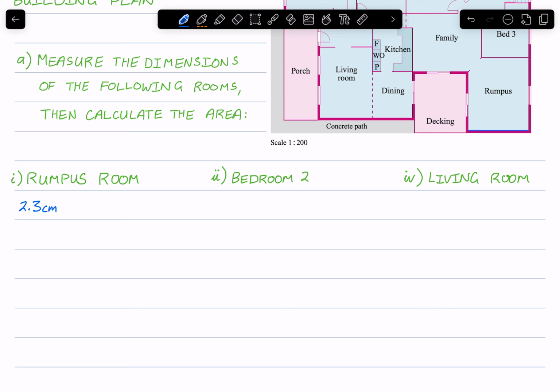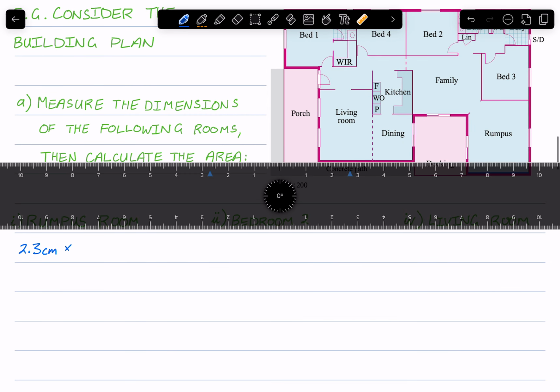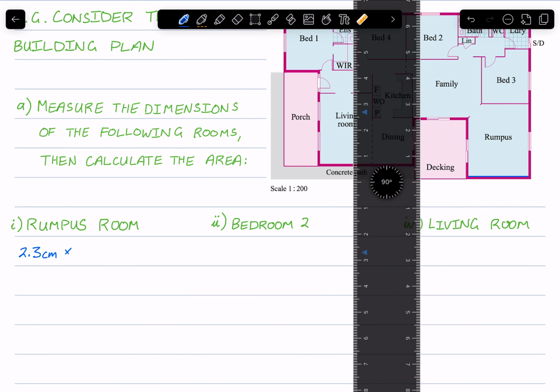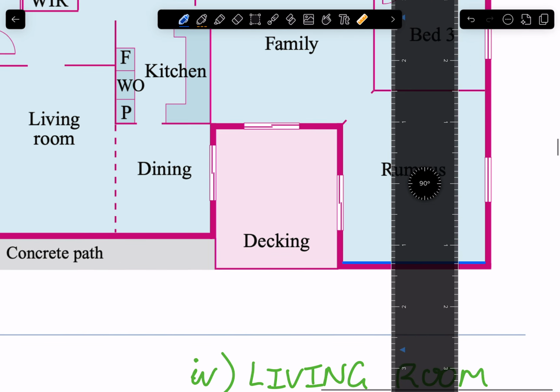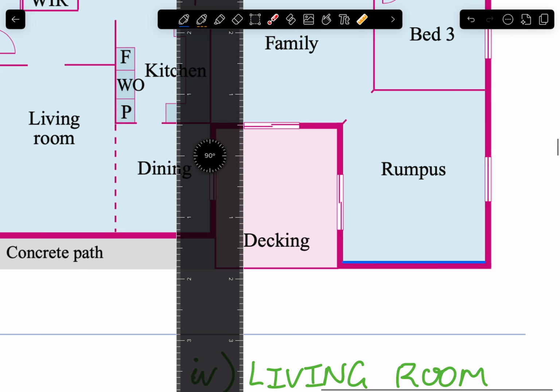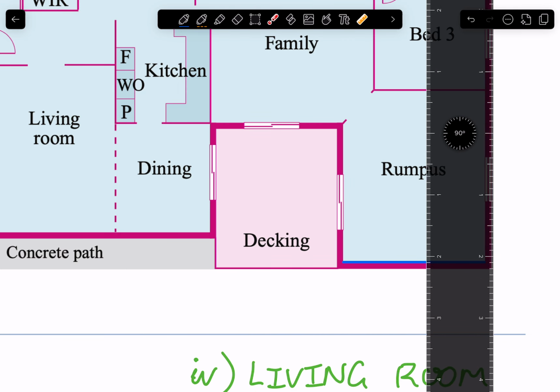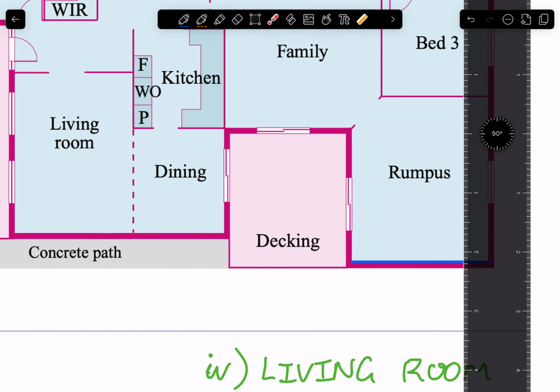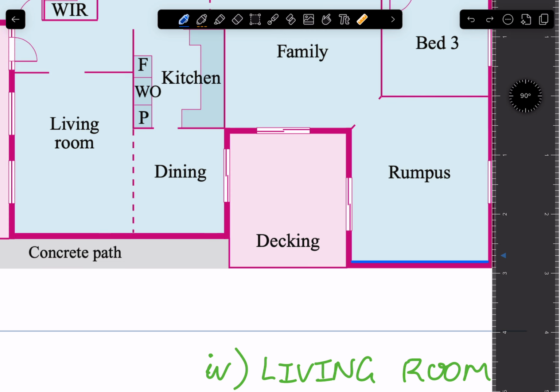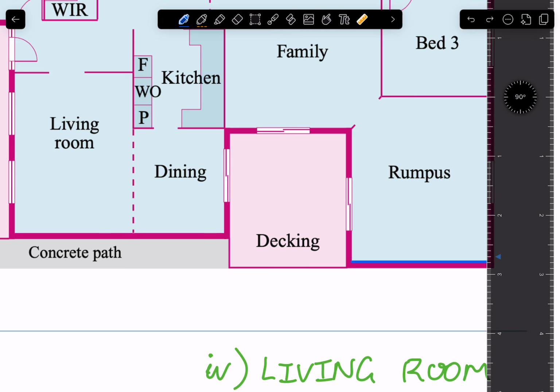So we know the rumpus room is 2.3 centimeters by, let's rotate this. I'm just going to assume that this is a perfect square. I'm not going to count this part here. So for this, let's measure it. My 0 is here. So bring that 0, and it's going to be the inside of the room.